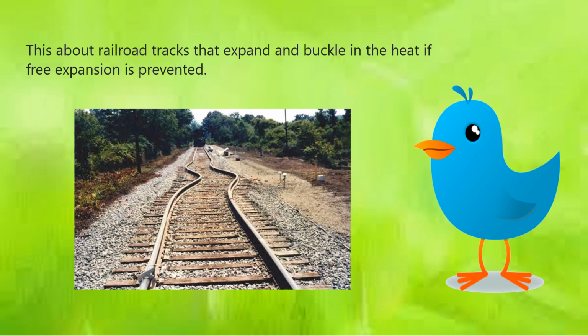So always there is some gap left between the two rails. In bridges also, when the construction of the bridge is done, in between there are expansion joints which are provided so that if there is any expansion due to change in temperature, that expansion is allowed.